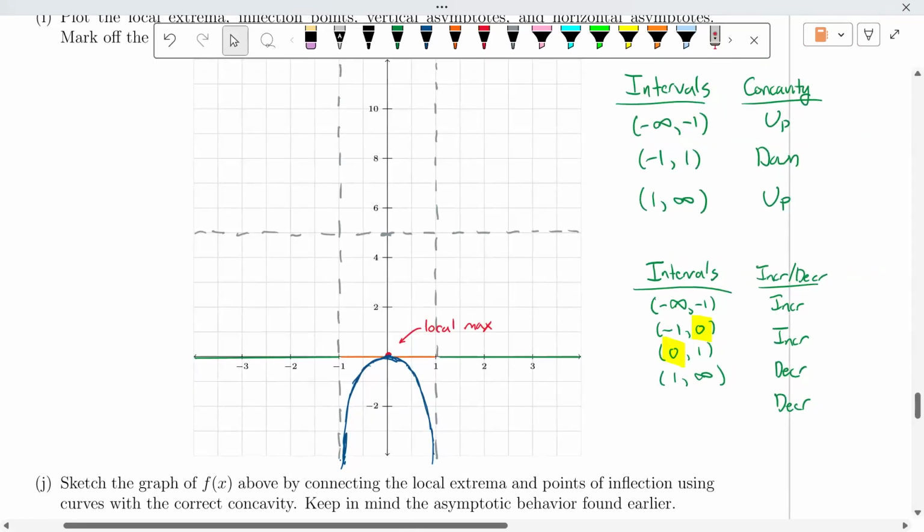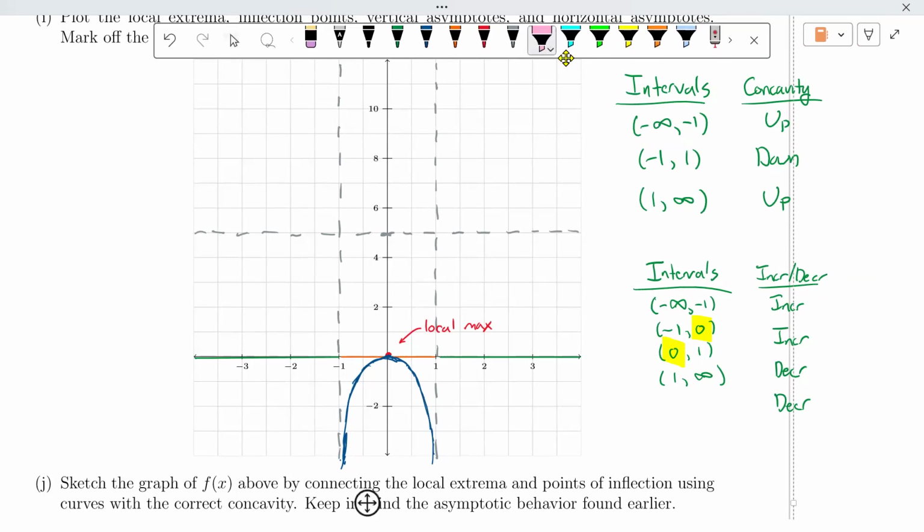All right, as for the rest of it, goodness, what do you do? It's got to be concave up, right? Let's think a little bit about this interval here. We'll call it the pink interval. We need it to be concave up and increasing, right?